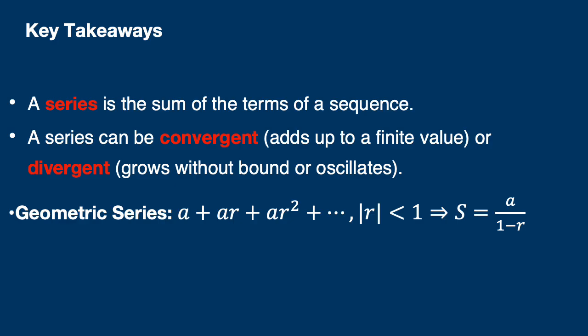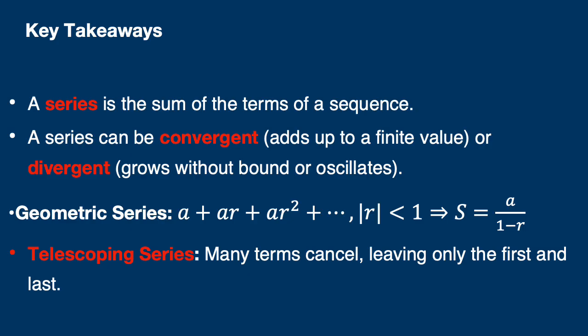Look at the two key types of series. The first one is the geometric series. That's the sum of a geometric sequence. The ratio is between negative 1 and 1. The series converges to S, where S is the first term over 1 minus r. Another important type of convergent infinite series is the telescoping series.